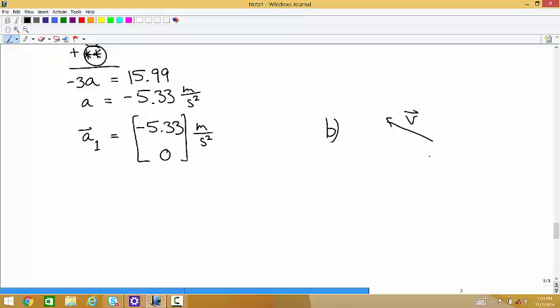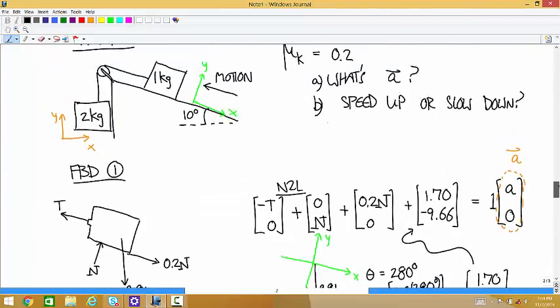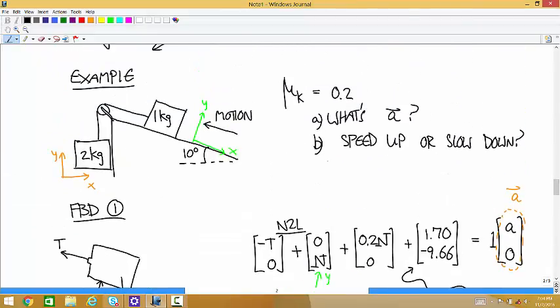The velocity vector was that way. The acceleration vector was that way. So it's speeding up. So even with the presence of that friction, that 2 kilogram mass pulling down on it is enough to make it speed up, moving up the incline.